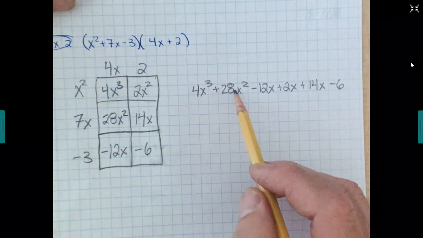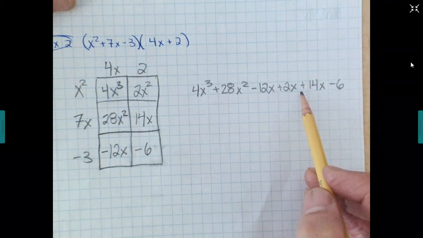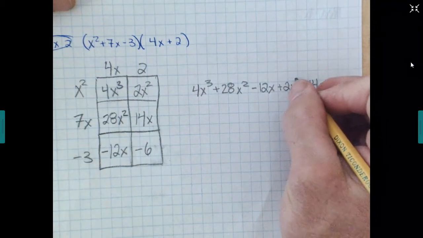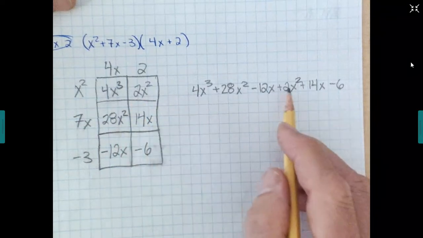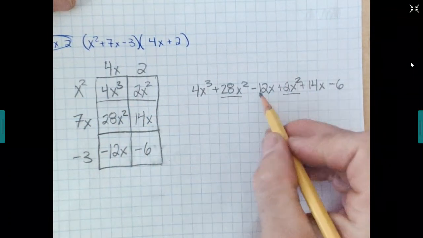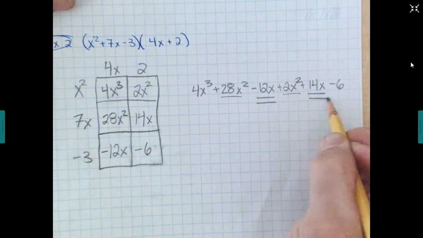Now I look to see if I have any like terms. Look at that, I've got 2x squared, so I've got 2 x squareds, and I've got 2 x's.